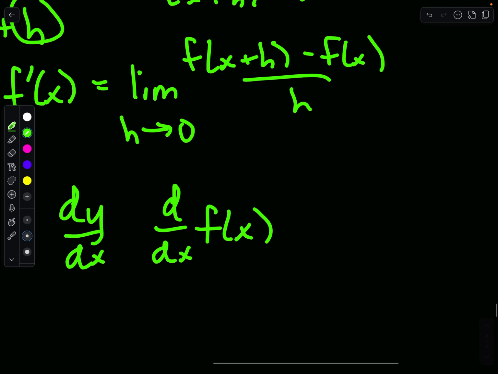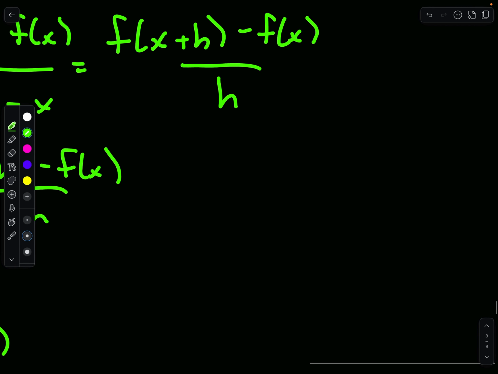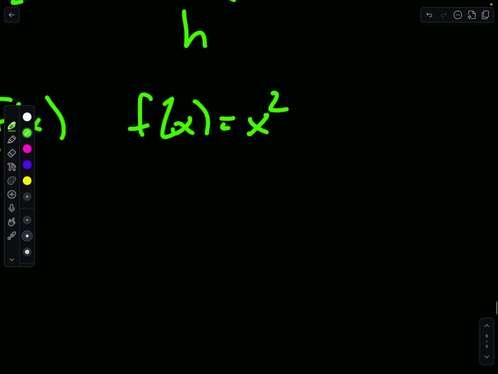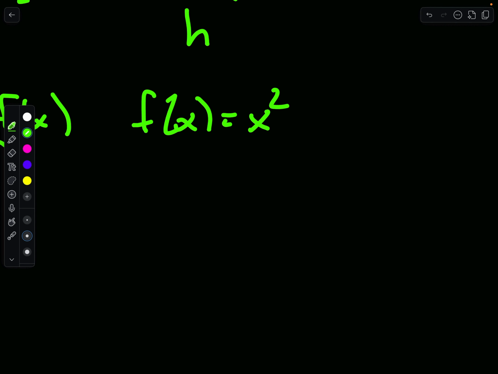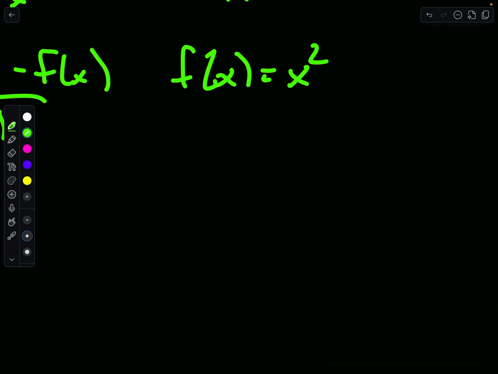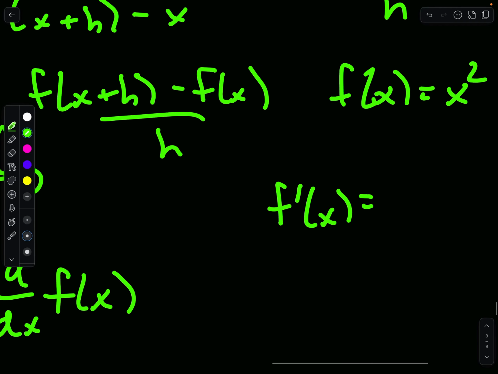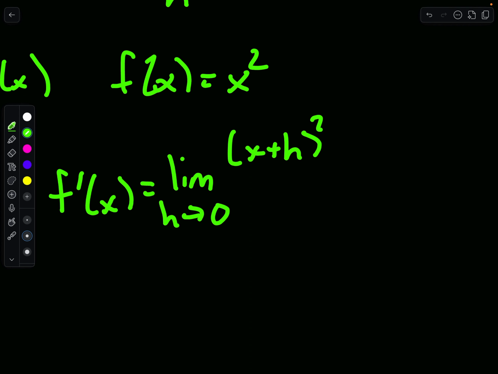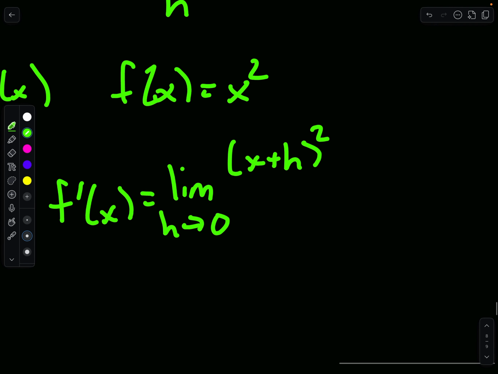Now let's practice. Let's say that we have f of x equals x squared. This is our example up here. And we want to find the derivative. So we say f prime of x equals the limit as h approaches 0 of (x plus h) squared minus x squared over h.